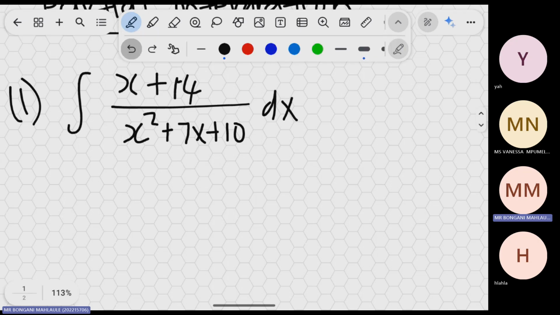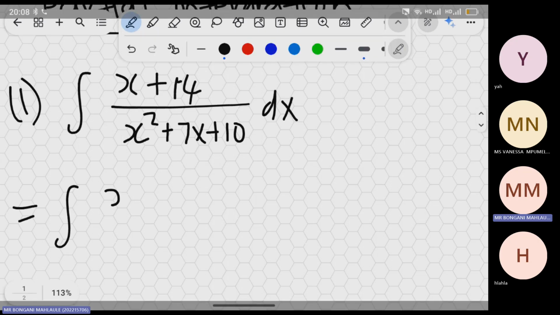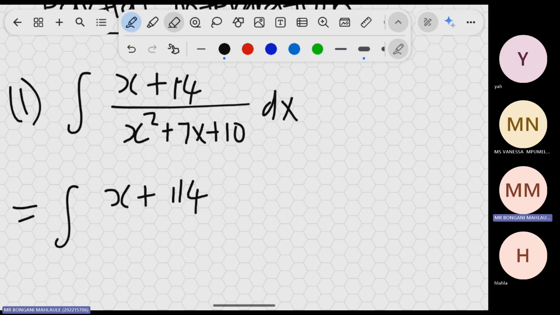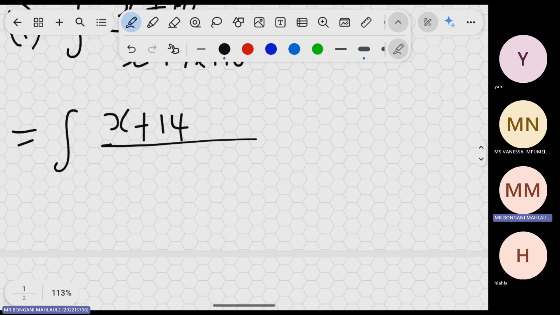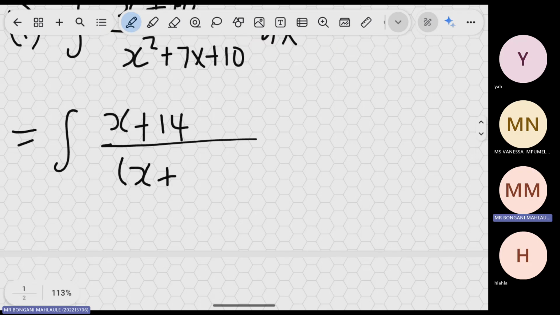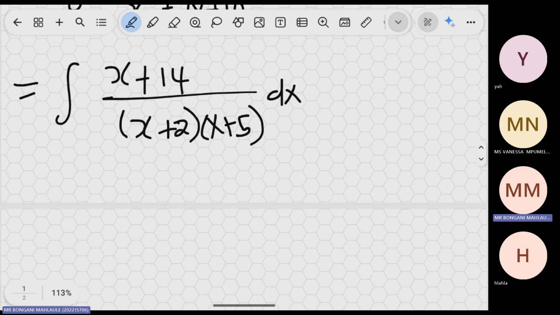That's the first thing that we will try doing. So we are having x plus 14 all over, then if I factorize it, I will have x plus 2, x plus 5 dx.